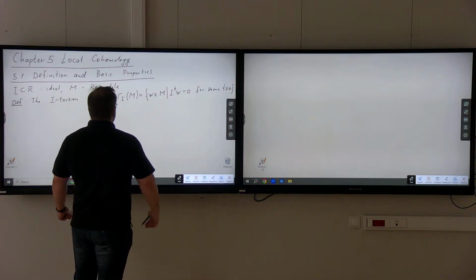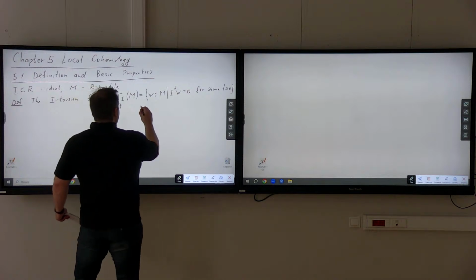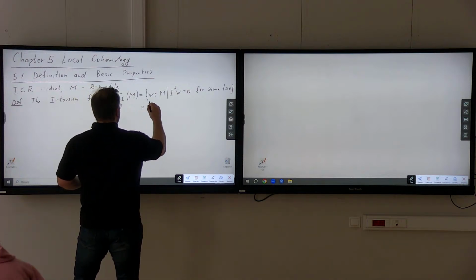This is set theoretic, but we can also rewrite this a little bit more formally. This will be quite useful.